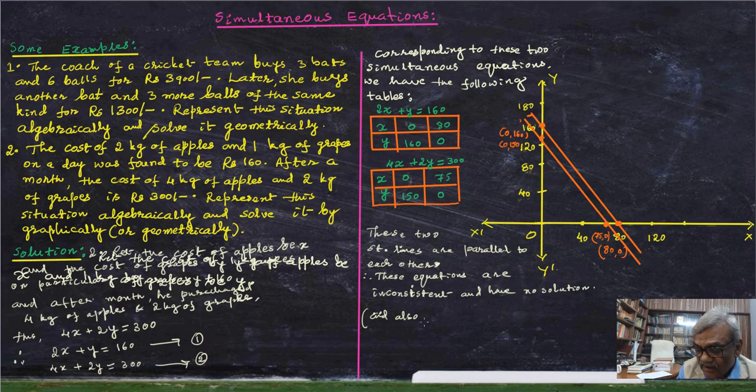This can also be seen without looking at the graph depicted here. You can see the ratio of the coefficients, 2 by 4 and 1 by 2, both are equal, and they are not equal to the ratio of the constants, 160 by 300.